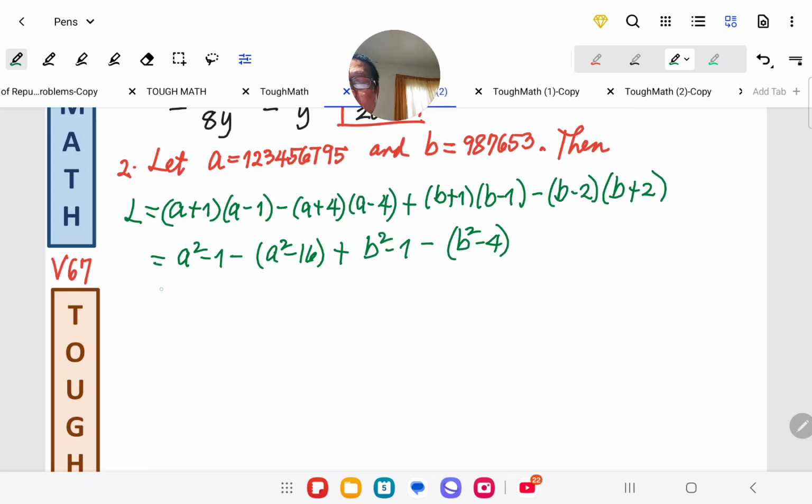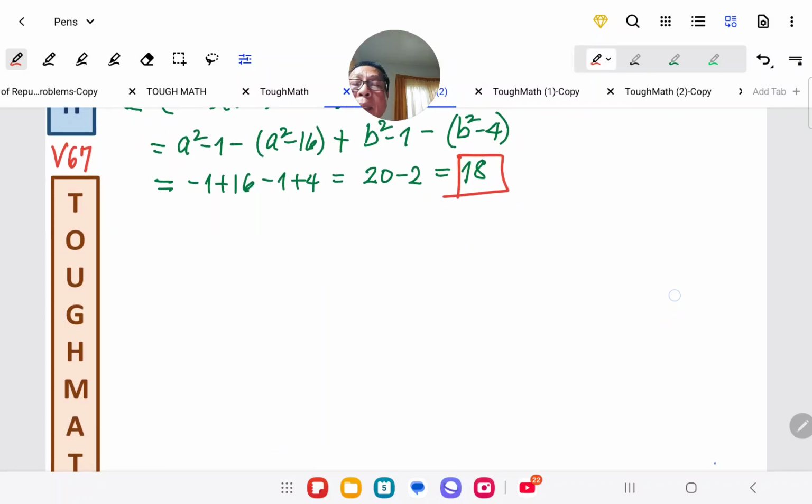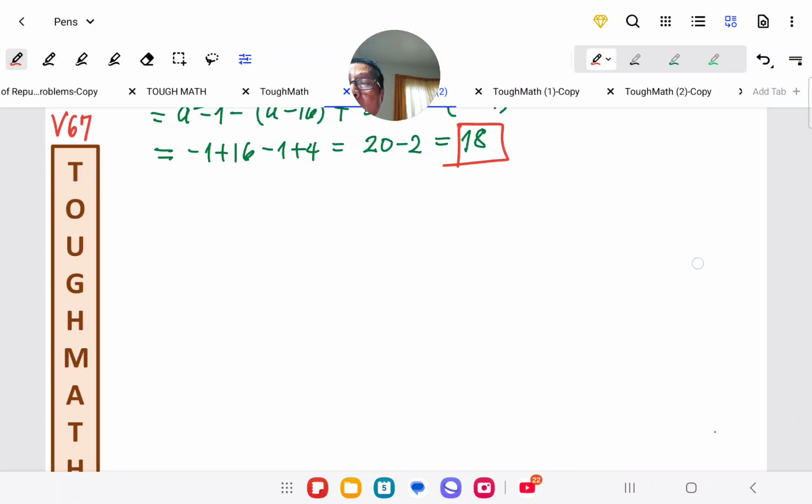Okay, this gives us the a squared and the b squared cancel each other. So we have minus 1 plus 16 minus 1 plus 4. This is 20 minus 2 equals 18. So that's the answer to the second calculation exercise.